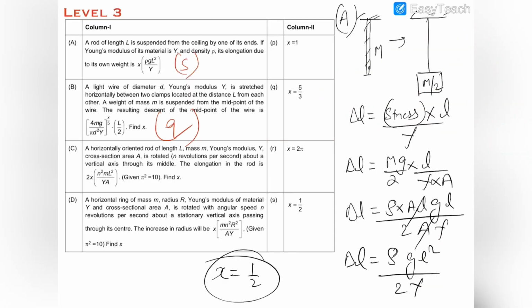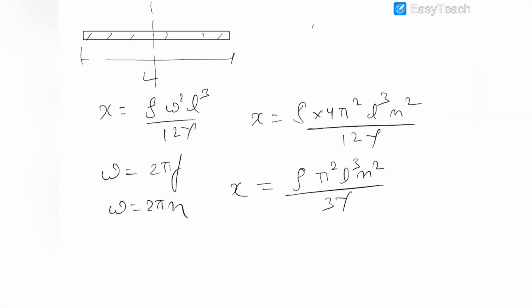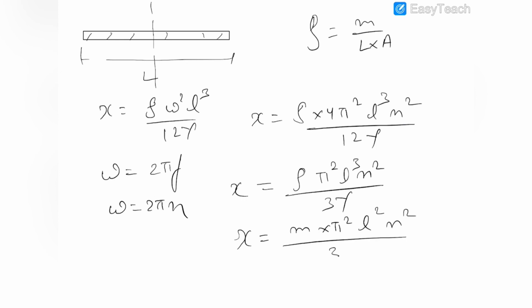Okay, so if we compare it with this one, now the mass is given. So we have to eliminate rho. So rho is equal to density, which is mass upon volume, and volume is L into area. So x will be equal to m into pi square and L square, because one L will be cancelled out, and n square by 3a gamma.